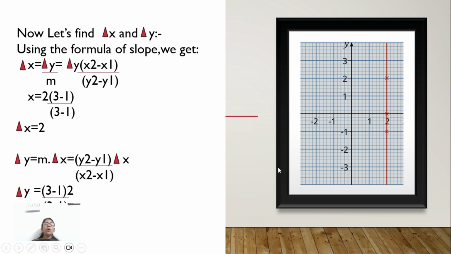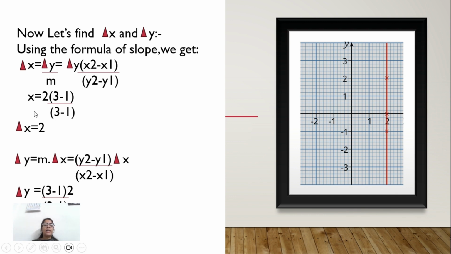Okay. Now as we have found the value of m, we are going to find the value of del x and del y. Del x will be equal to del y by m. How? Using the formula of slope m. So it would be (x2 - x1) upon (y2 - y1). You must be thinking why it has got inverted. It is because the value of m is in the denominator.